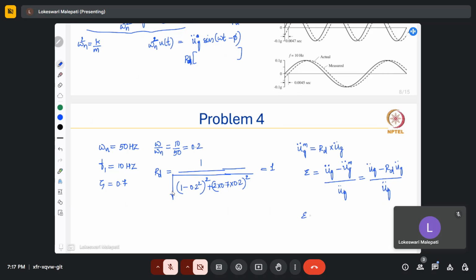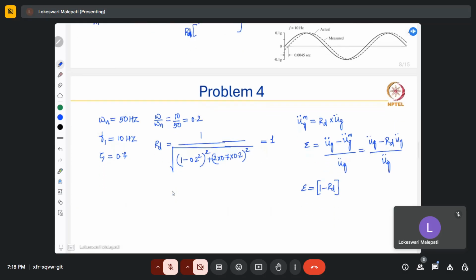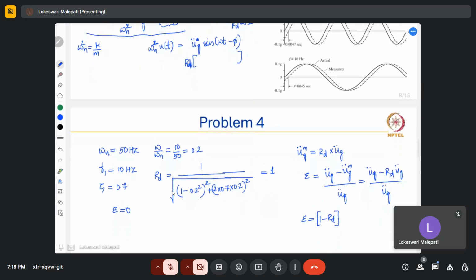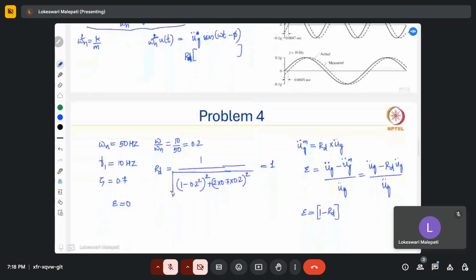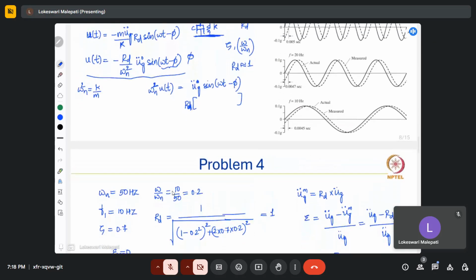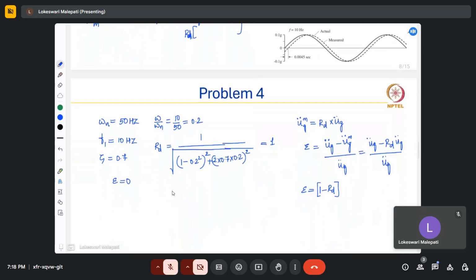That means error is equal to 1 minus RD. So for the first case, error is equal to 0. That means when the frequency ratio is very small, close to 0, and also for this particular damping ratio, the RD value is equal to 1. That means the error is 0. So whatever acceleration is measured is very close to the actual one.